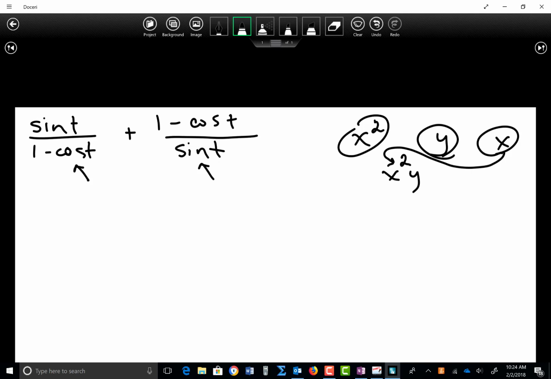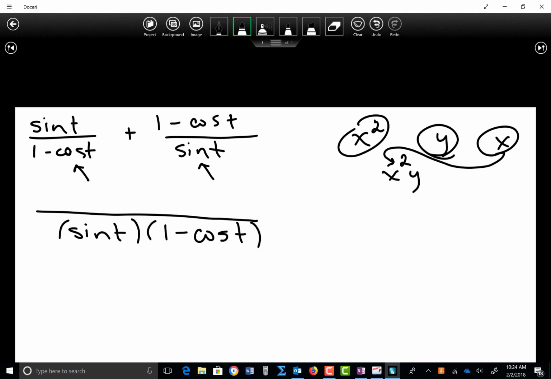So in this one, since they're different, we have sine and 1 minus cosine. Now, remember that when you add fractions, like for instance, if I had 4/5 plus 1/10, 10 would be the common denominator, and I would say 5 goes into 10 twice.